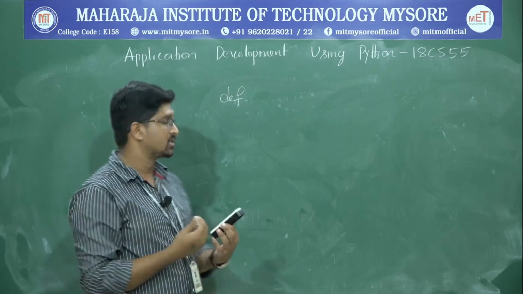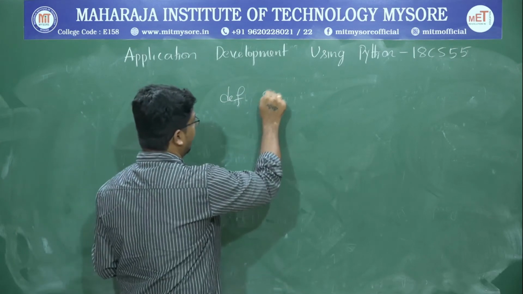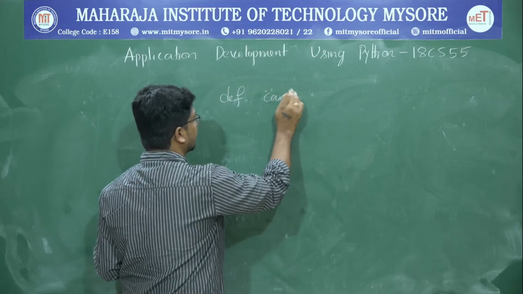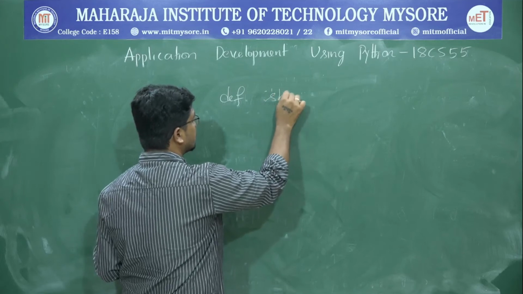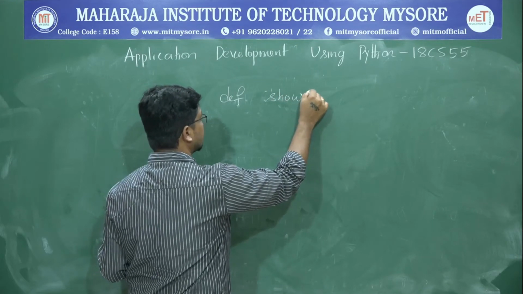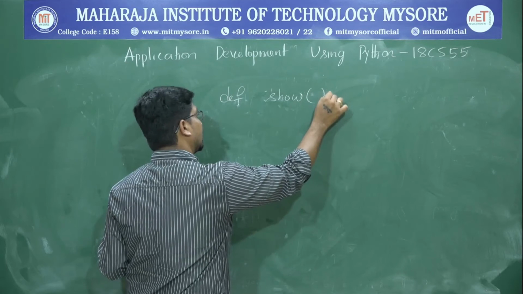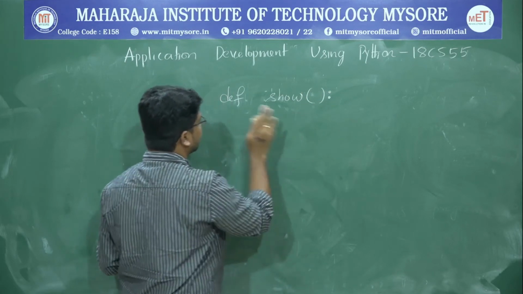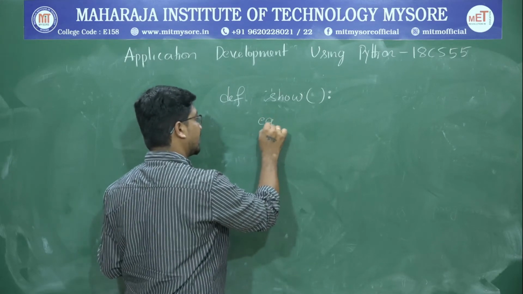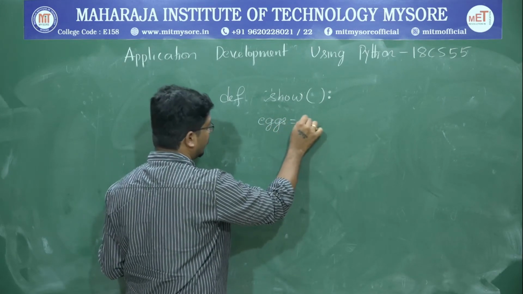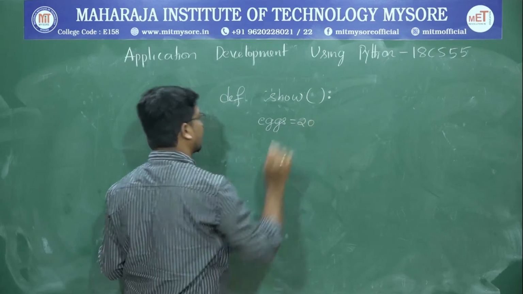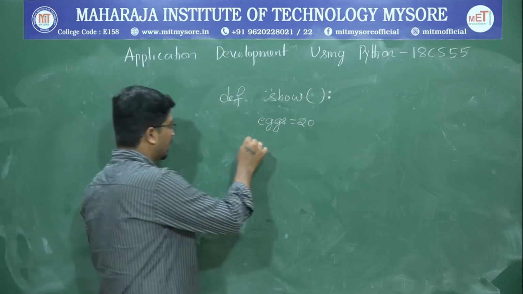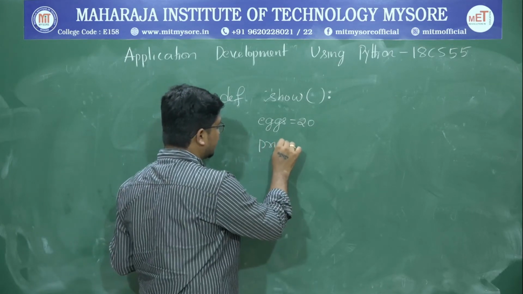So I will write a function called show function, which has got some x. Let us say x is equal to 20. This function has got 20 x. Let us try to print the result: print of x.